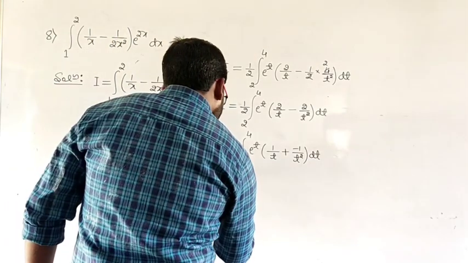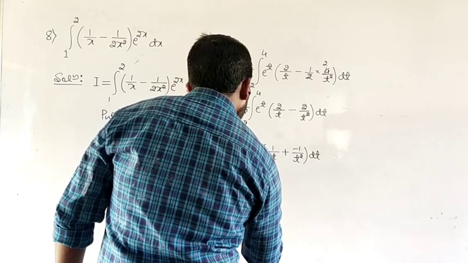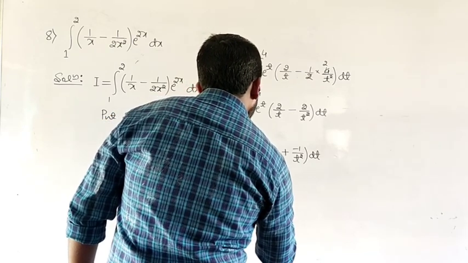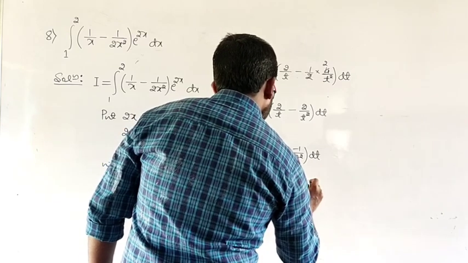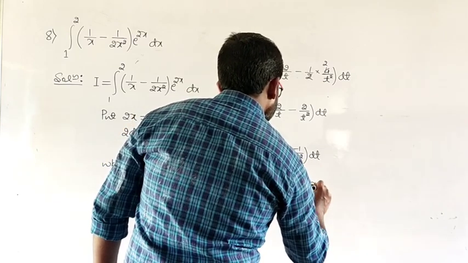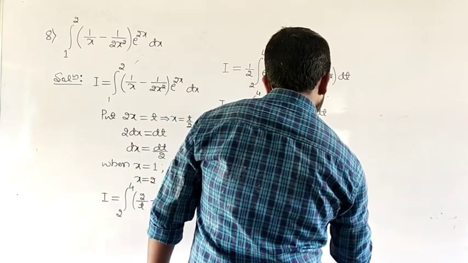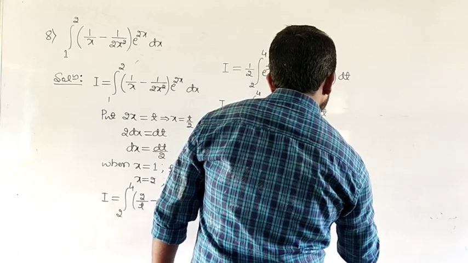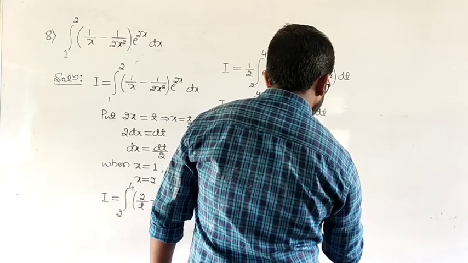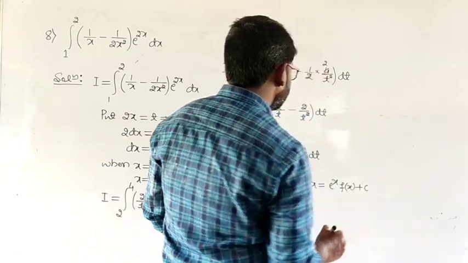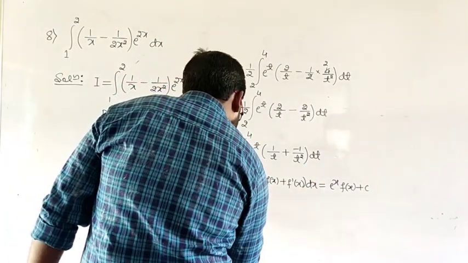We know that the integral of e power x into f of x plus f dash of x dx is equal to e power x into f of x plus c, and since it is a definite integral we should not write plus c, so I have to make use of this formula now.